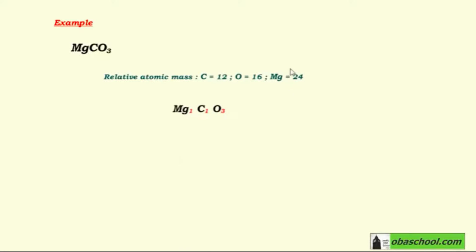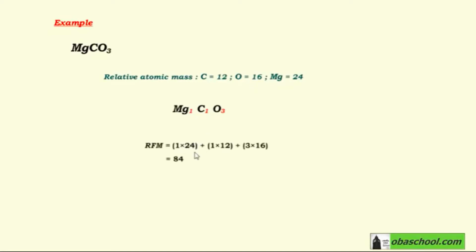Meaning, magnesium has a relative atomic mass of 24, so we'll multiply 1 by 24. Plus, carbon has a relative atomic mass of 12, so 1 times 12. Plus, oxygen has a relative atomic mass of 16, so 16 times 3. 3 is the number of atoms of oxygen, multiplied by 16, which is the relative atomic mass of oxygen.